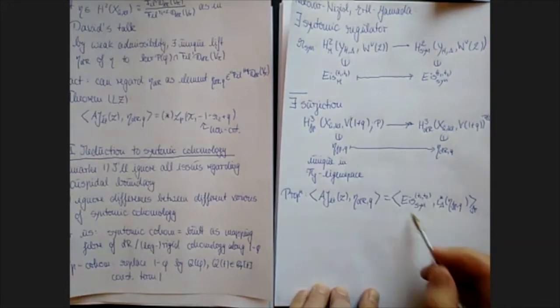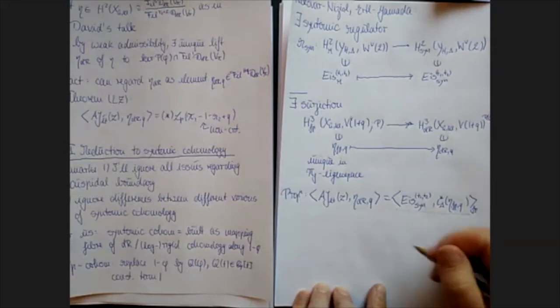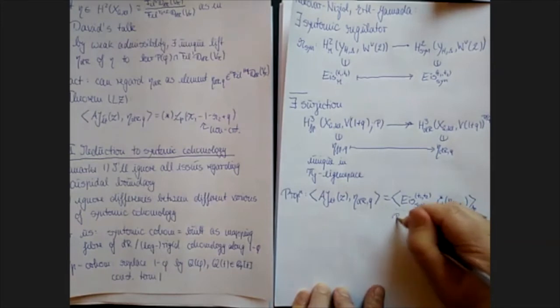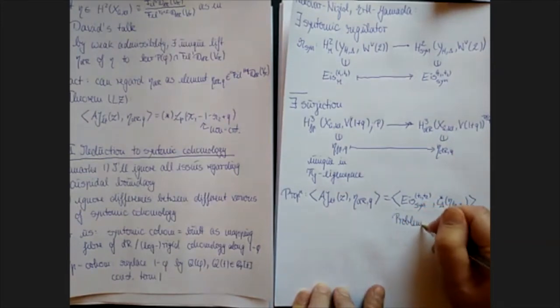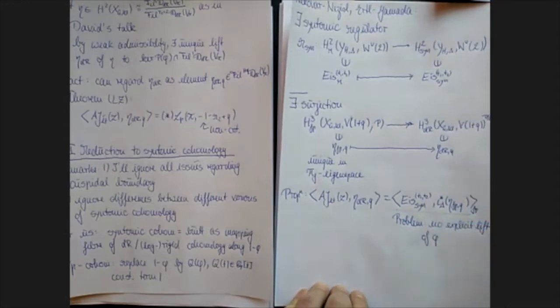Right, so the problem with this here is that we have no explicit description of the classes because there exists no explicit lift of Frobenius. Okay, so the problem, there is no explicit lift of Frobenius, which means we can't describe these classes and hence the pairing explicitly.